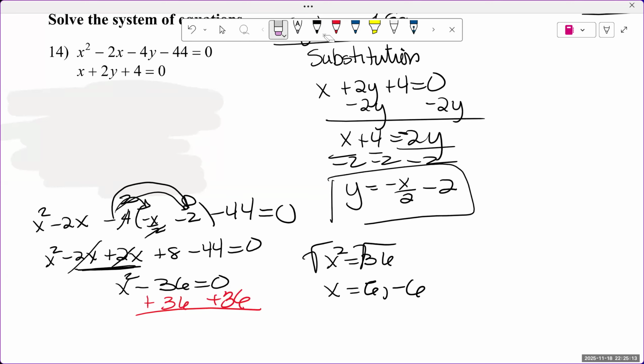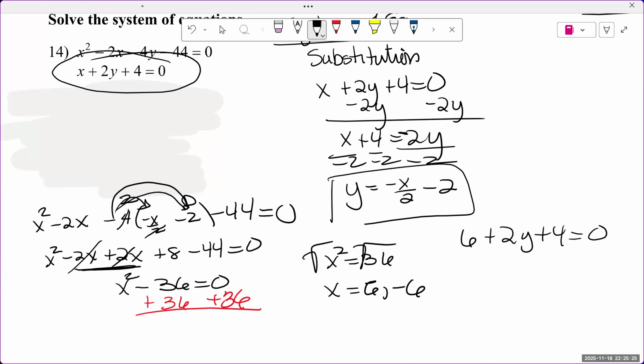Now we need to plug in and solve for y. We're going to plug into this one. So 6 plus 2y plus 4 equals 0. 6 plus 4 is 10. Subtract 10. 2y equals negative 10.